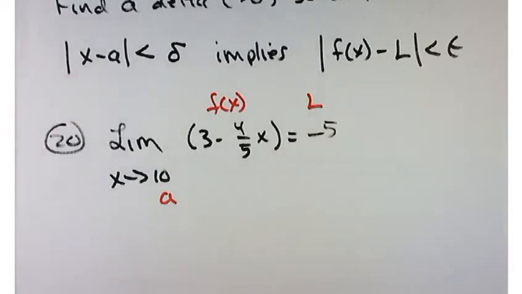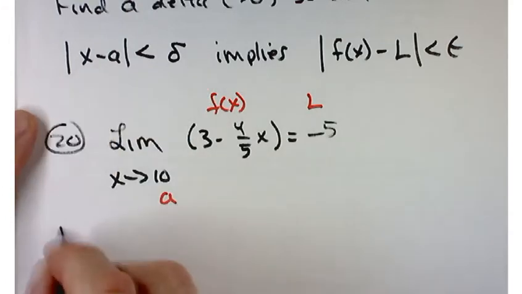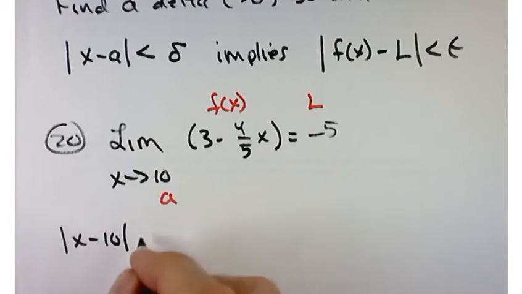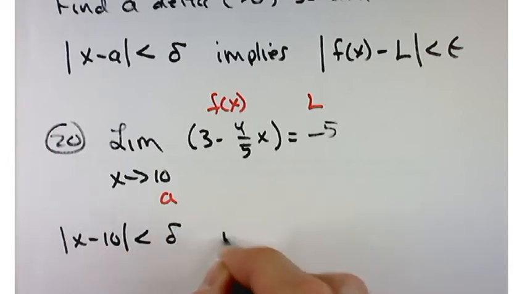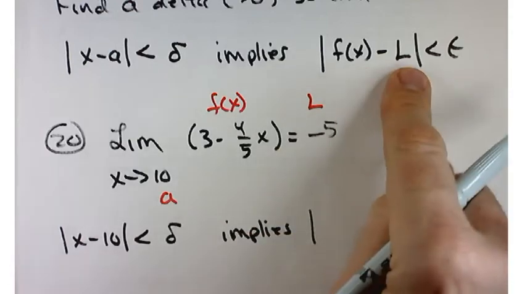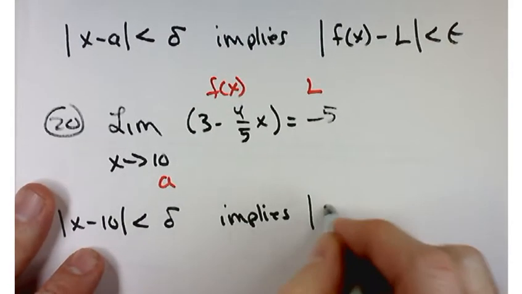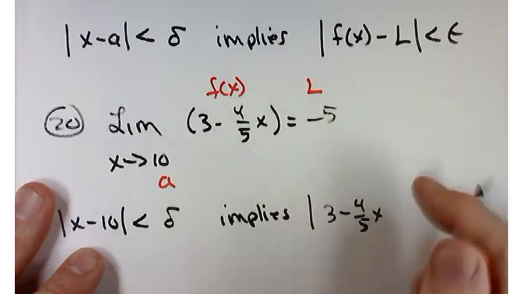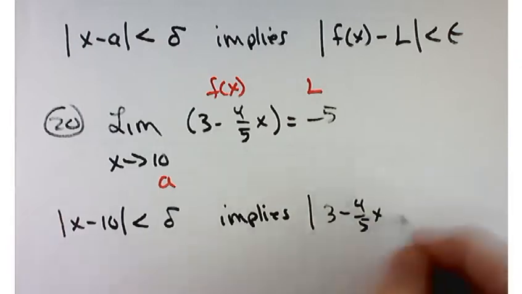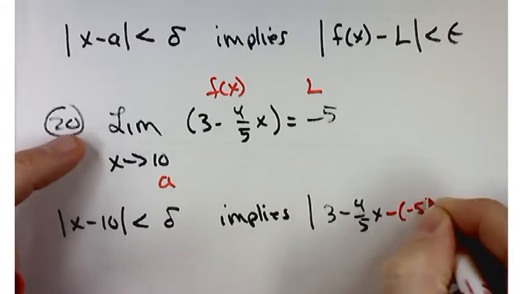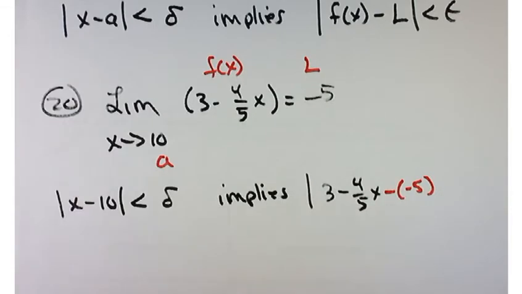Well, let's start by seeing what all this stuff is. So I want |x minus 10| to be less than delta, and that should imply that |f of x minus L|, so it's going to be |3 minus 4/5 x minus negative 5|, is less than some value of epsilon.